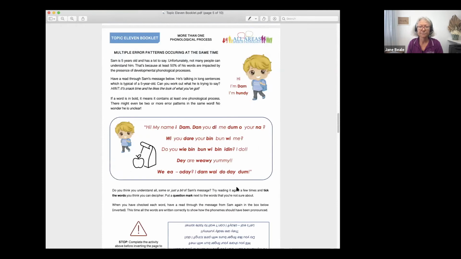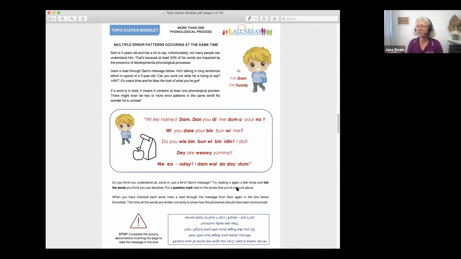Okay. On this page, we talk about how it can get complicated. And Ali, you might have some of these children in your preschool. It could be your very talkative 2-year-olds. 2-year-olds are allowed to have lots of error patterns because that's where they're up to developmentally.